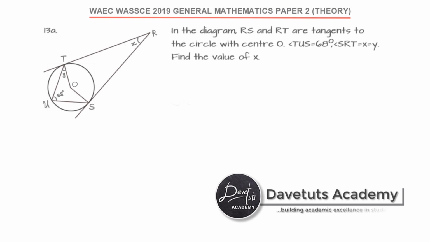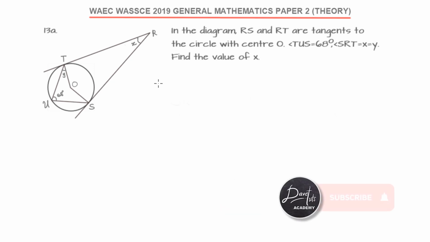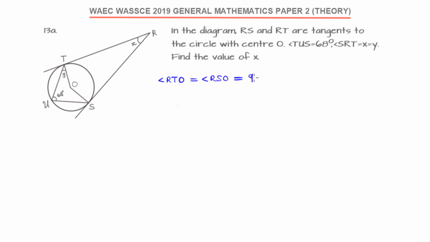The first thing we need to note is that in a diagram like this, in which we have the radius and the tangent, the angle between the radius and the tangent of a circle is a right angle. So here the angle RTO, the angle between the tangent RT and the radius TO, is 90 degrees, and the same applies to angle RSO. Why?